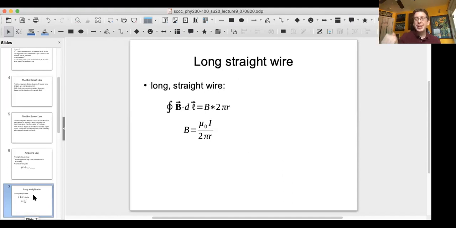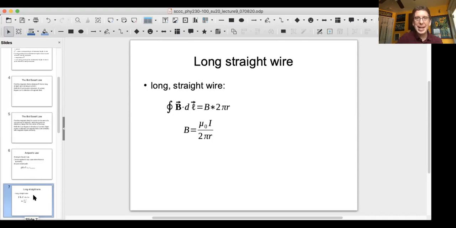So B dot dl over the full path is just B multiplied by the circumference of the circle, which is 2 pi r. So if you have a wire of current I going through that loop, then B times 2 pi r is equal to mu naught I. And then solving for B, you get mu naught I over 2 pi r. So you see it's much, much simpler than doing the integral. But the law can be derived from Ampere's law.